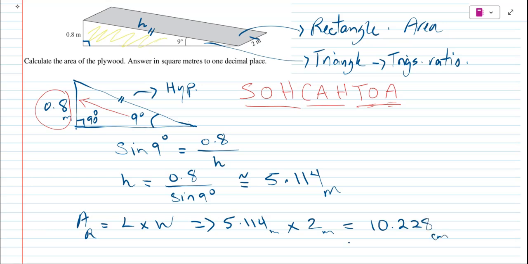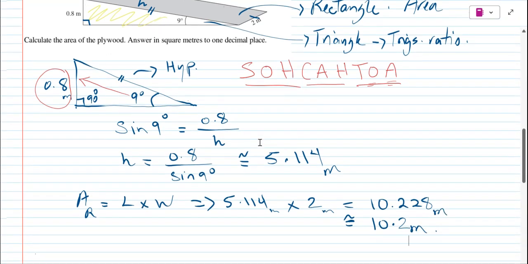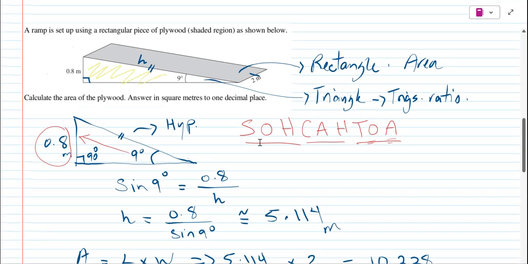You could round it down or up, but it all depends on what the question is asking you. But 10.2 is also an approximation for that answer, in square meters. Very good. So this is how you solve this question.